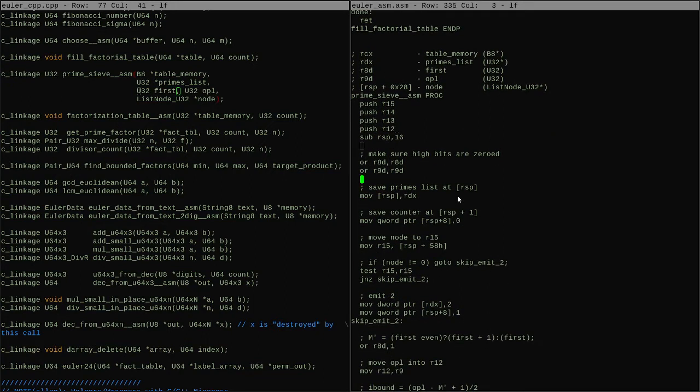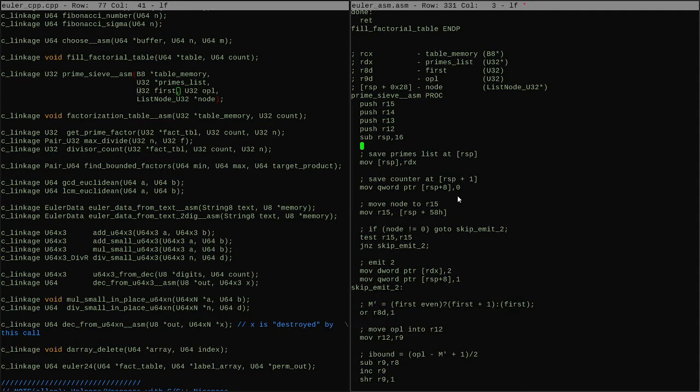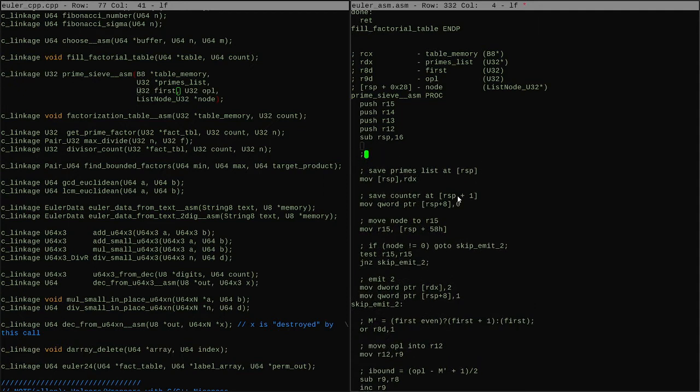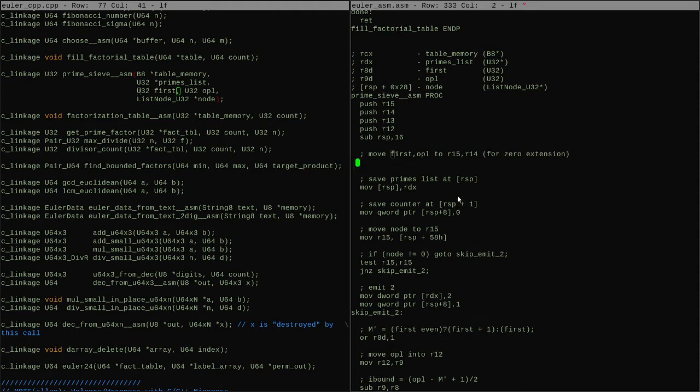So all of these are just because I need space. So what if I said something like move first and one past last to R15, R14, and 0 extend, 0 extension.